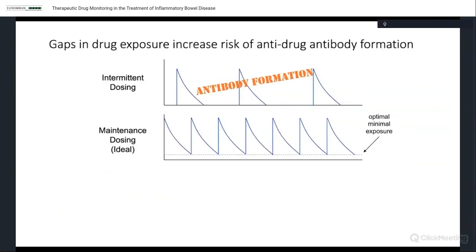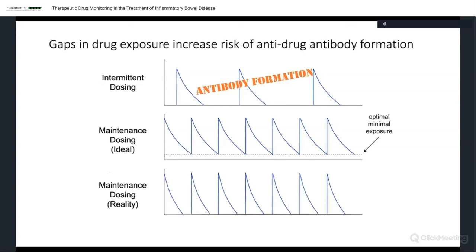But in reality, there's a lot of variation in patient pharmacokinetics, and many patients would still clear the drug before the next dose, resulting still in gaps in exposure. So in effect, this is still like intermittent dosing, and it increases the risk of antibody formation. In theory, if we could achieve a minimal drug exposure in all patients, we would do a better job at preventing antibody formation.